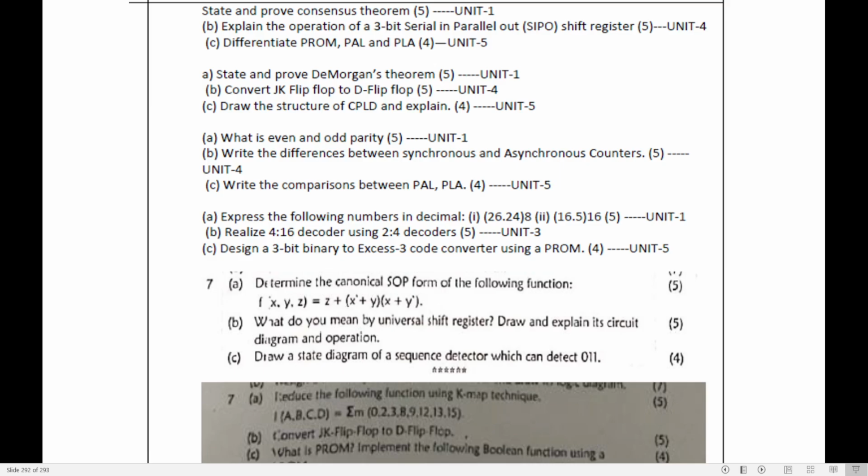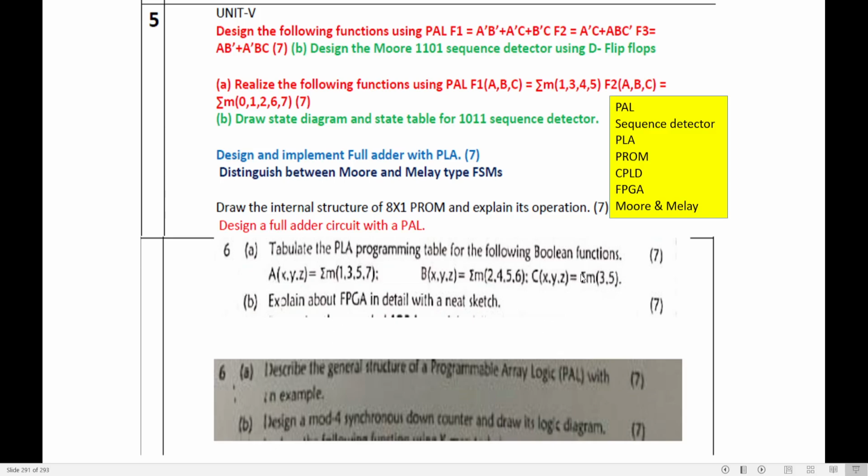So if you read only 2 units, Unit 1 and Unit 5, 20 and 20, totally 40 marks you fetch only from Unit 1 and Unit 5. You can see the questions are repeated again and again in all 6 years. So don't miss Unit 1, don't miss Unit 5.